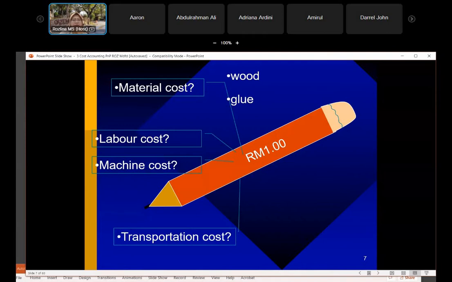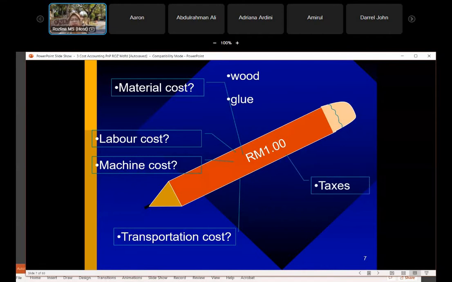Okay, then we have transportation cost. That one is overhead. Transportation cost to transfer the pencil from the factory to the supermarket or shops and so on. Okay, tax.